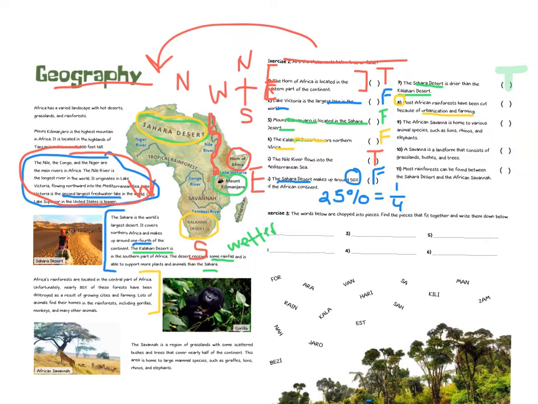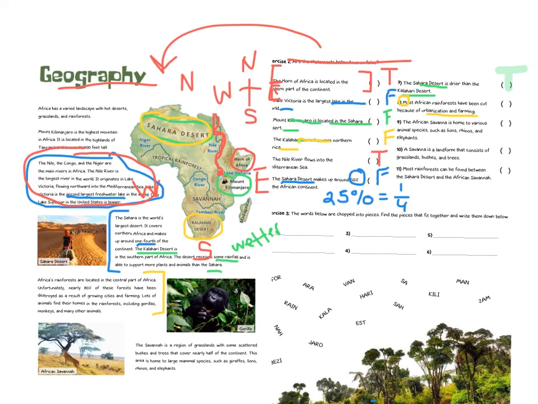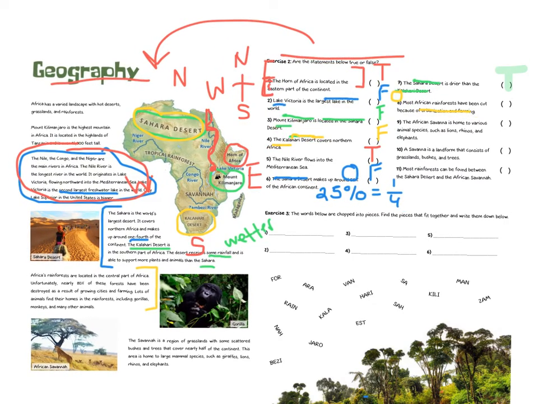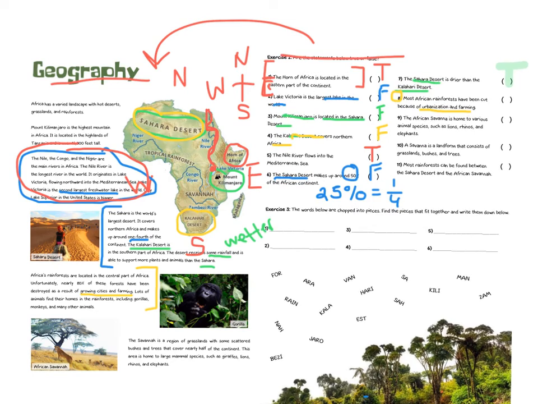Unfortunately, nearly 80% of these forests have been destroyed as a result of growing cities and farming. Okay, so the text was talking about growing cities and farming. So that would match this idea of urbanization and farming.